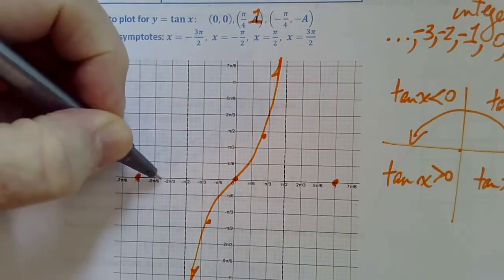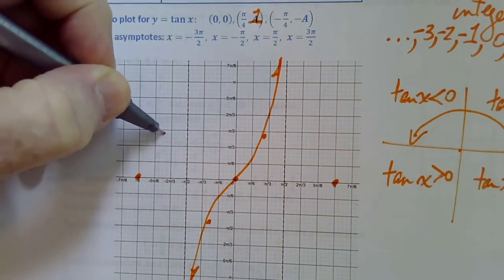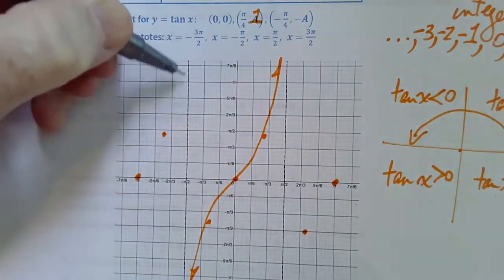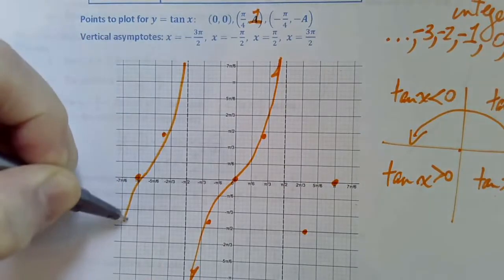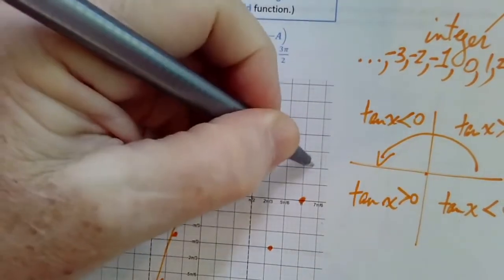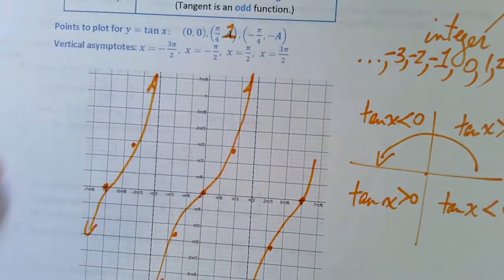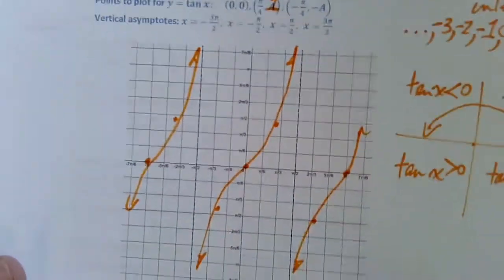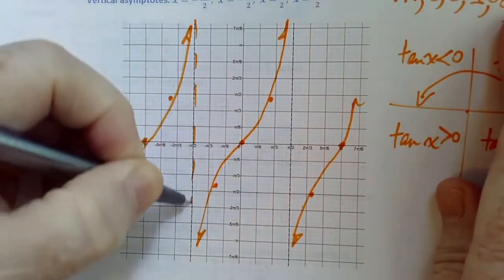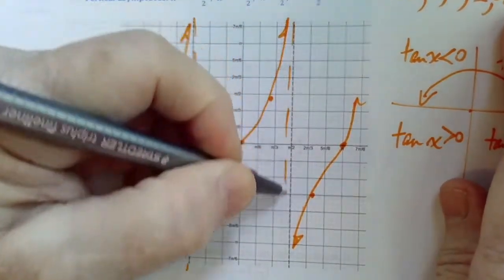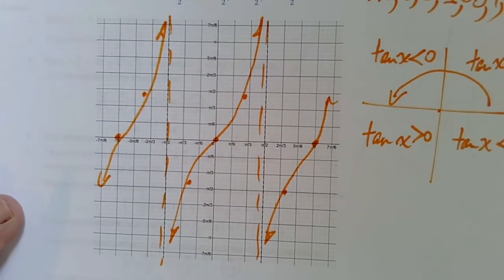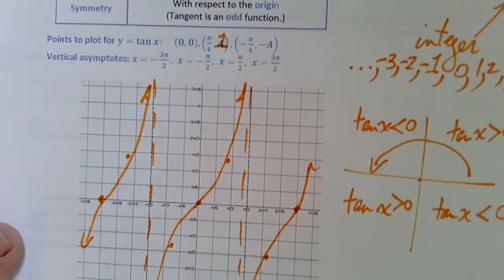And that means another 1, and a negative 1, so we have this repeating graph of tangent. It's repeating, but it is not sinusoidal.